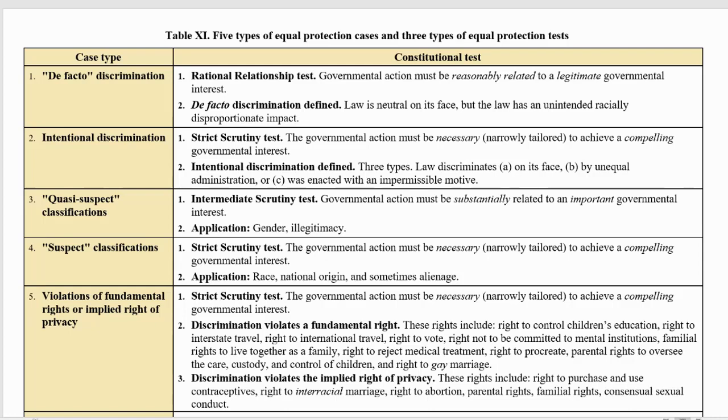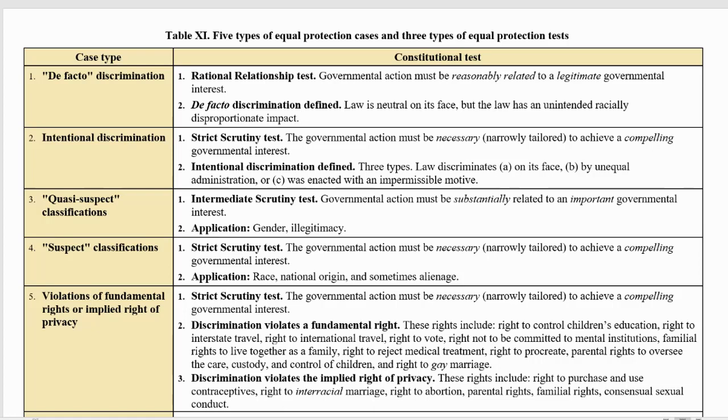So does the court care about this right a lot, a teeny tiny bit, or maybe somewhere in the middle? That's what we're after. So in quasi-suspect classifications, let's say we had a male and female, we were going to allow females to do something but not males.